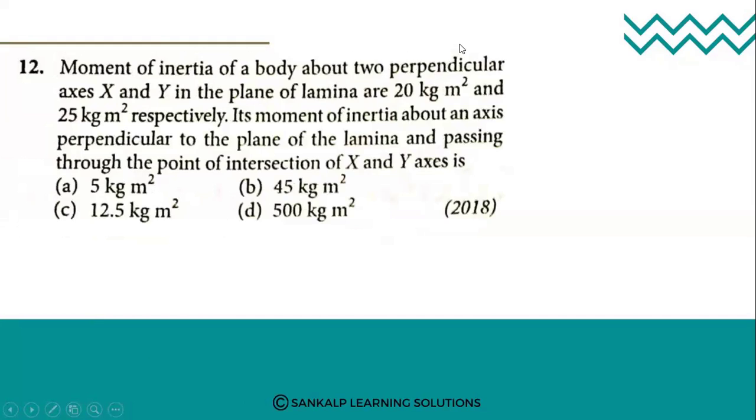Next question here. See, the moment of inertia of a body about two perpendicular axes x and y in the plane of the lamina are 20 kg meter square and 25 kg meter square respectively.